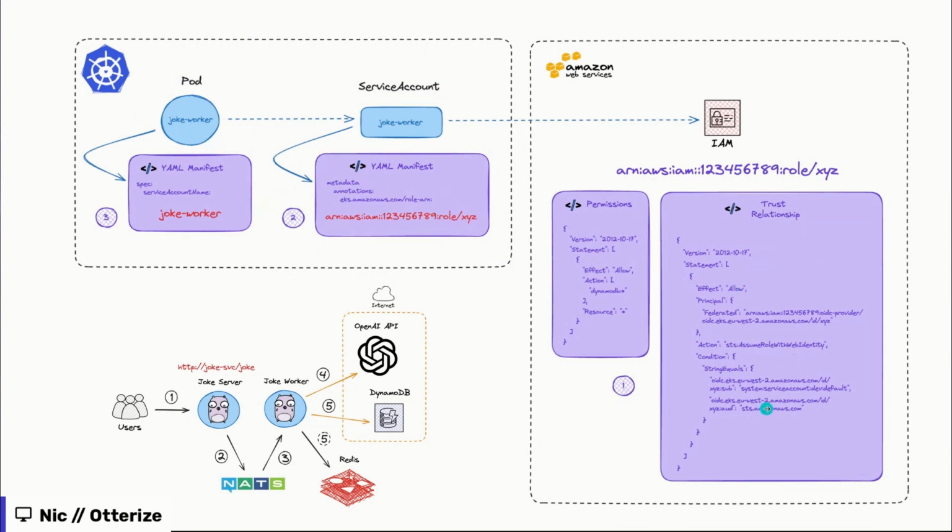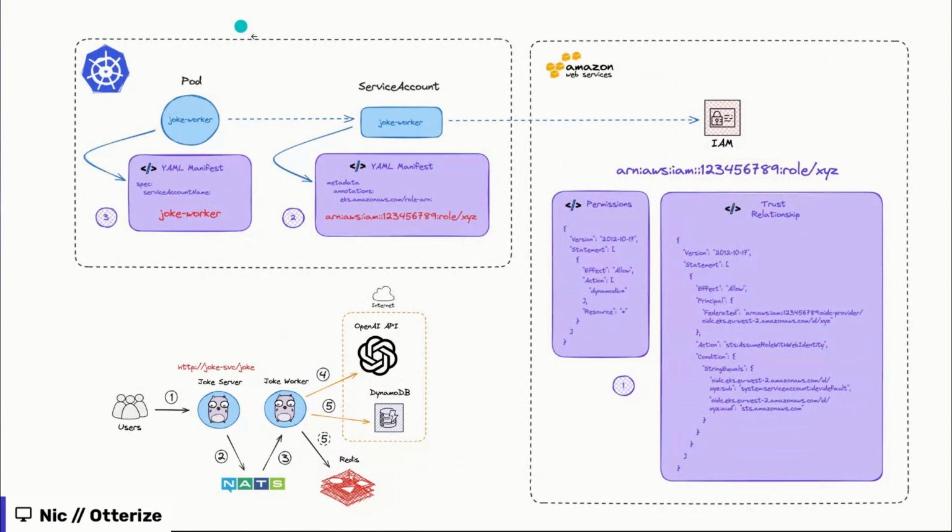And then just after that, the pod, or more specifically the service account, will be allowed to assume that particular role and be allocated short-lived credentials to realize the operation on the desired resource. So in our case, DynamoDB. And this is it for the AWS part.